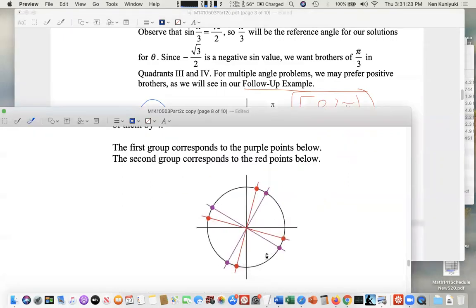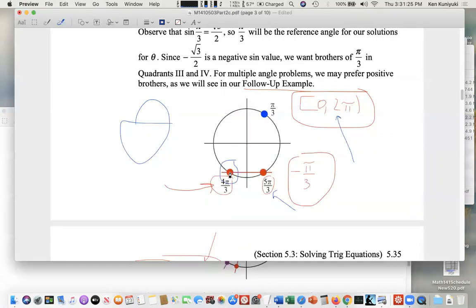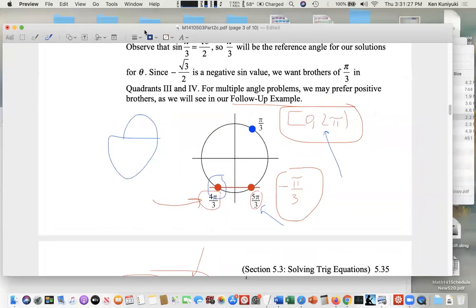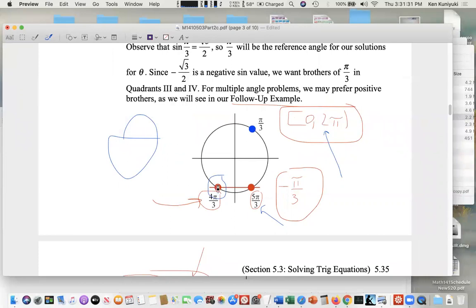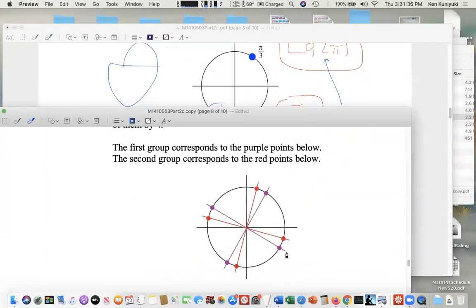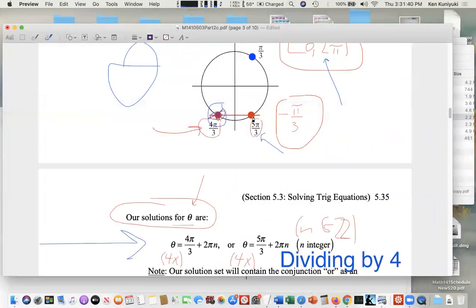These 4 purple spiders came from this purple spider egg in quadrant 3, whereas these 4 red spiders come from this red spider egg in quadrant 4.